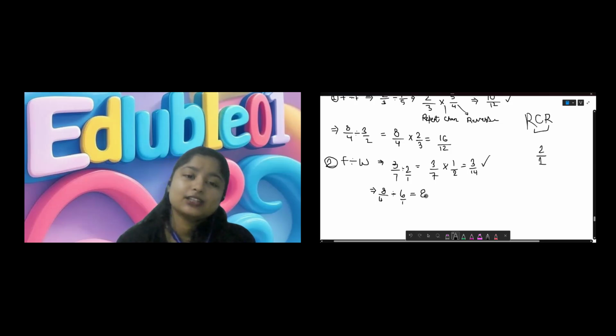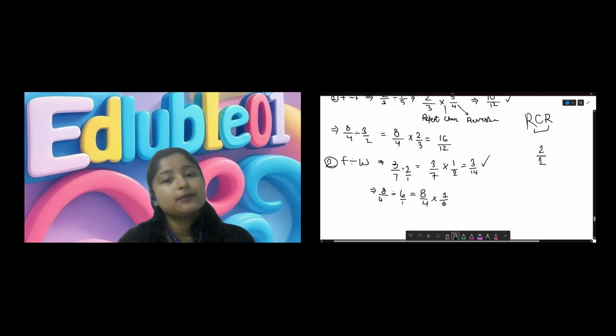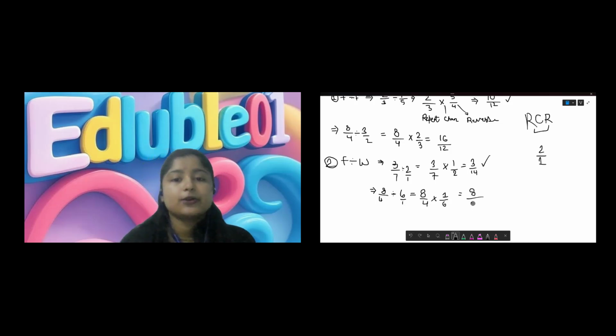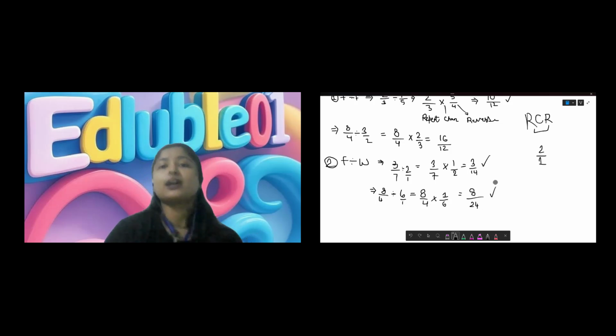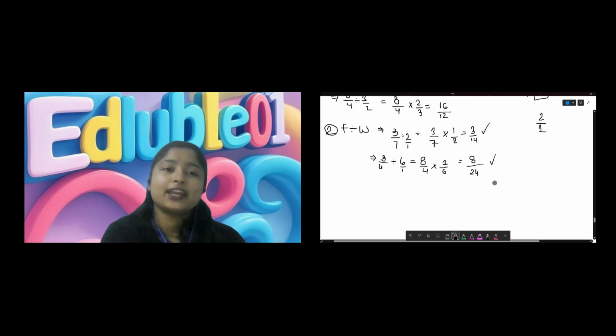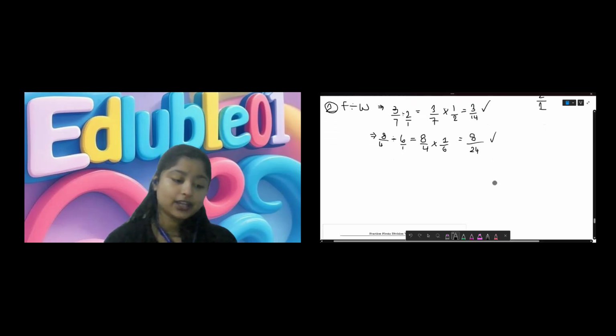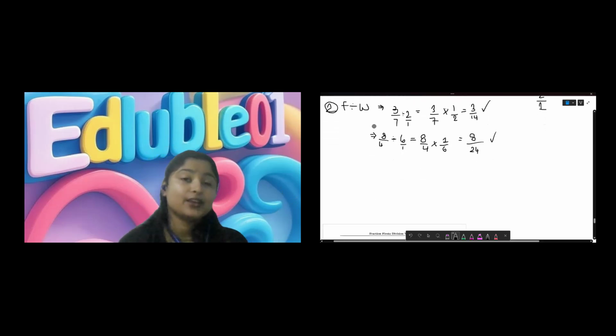Repeat 8 over 4, change to multiplication, and reverse, so it is going to be 1 over 6 now. 8 times 1 is 8, and 6 times 4 is 24. So 8 over 24. That's your answer.